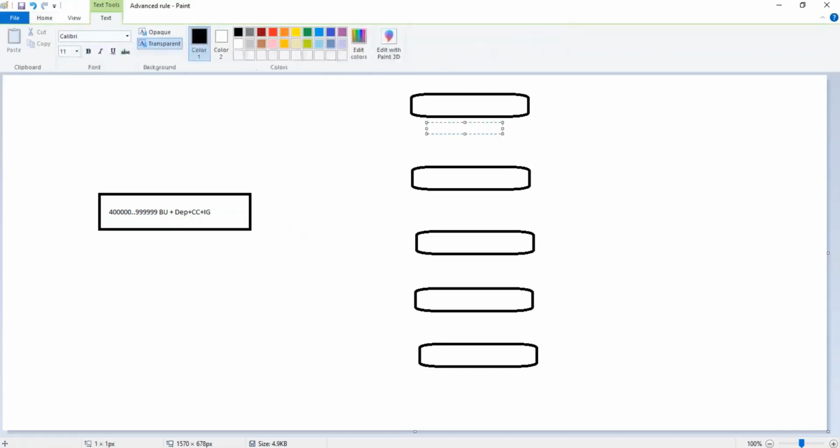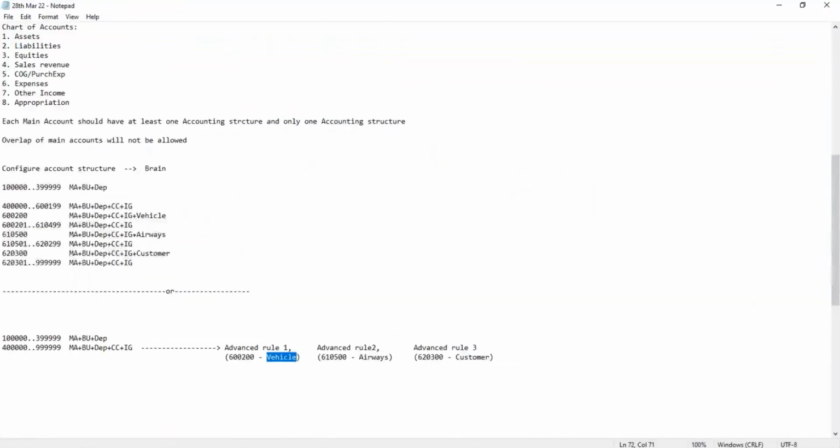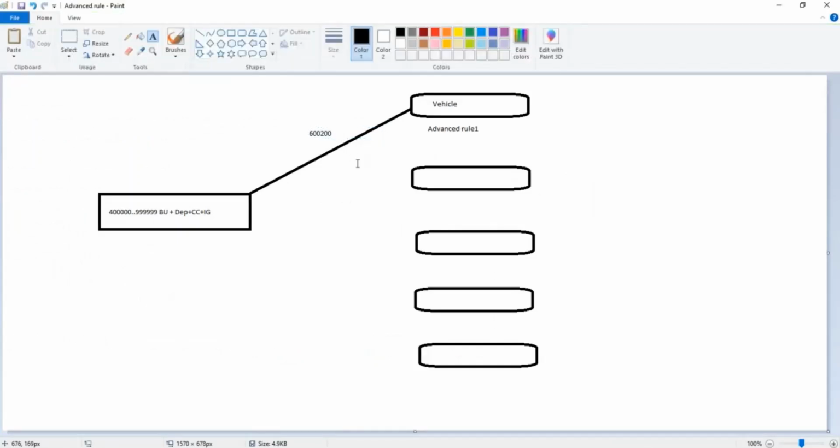Now advanced rule 1. In this I will map vehicle. And while connecting these two, I will connect them to each other, using the account 600200. I will connect these two.